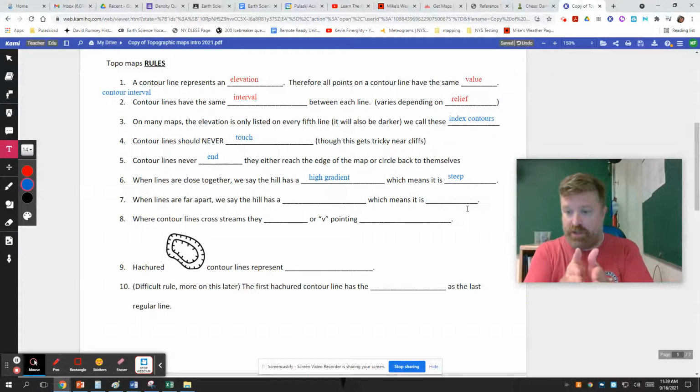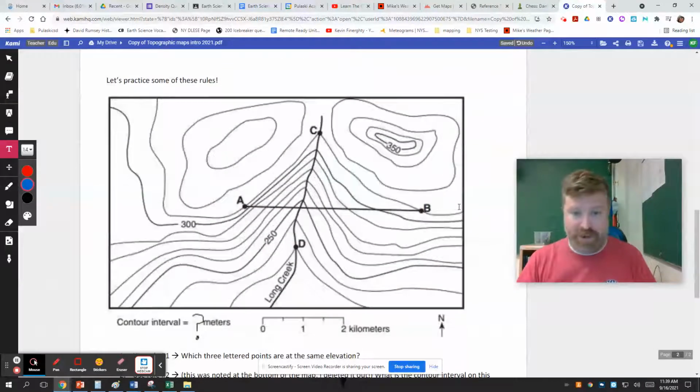Lines are close together, you're changing value quickly, it's going to be steep. You'll have to figure that out on this map, and it's reasonably obvious. Where the lines are close together, that means a steep hill, because you go down however many feet each contour interval is worth. You'll be going down, down, down, down, down. If they're all close together, you're changing that very quickly.